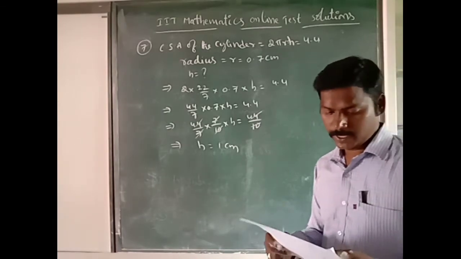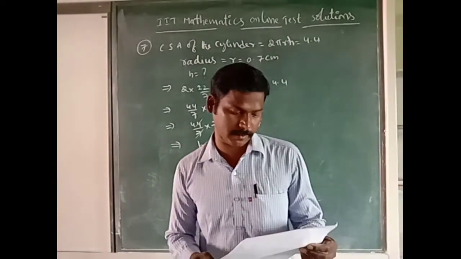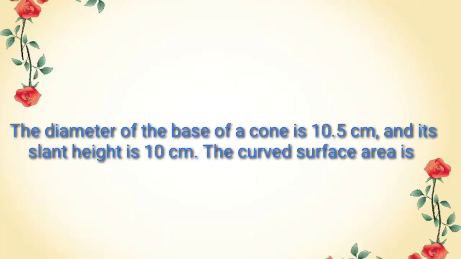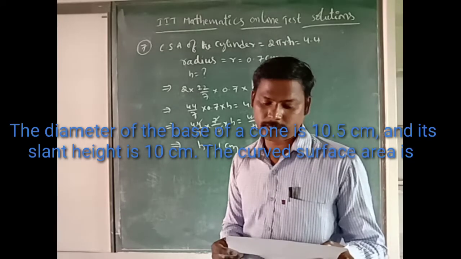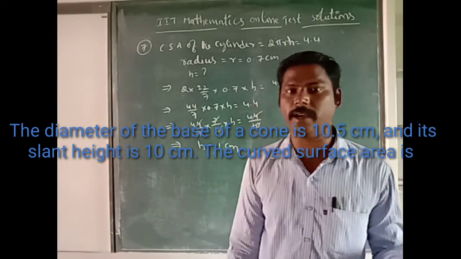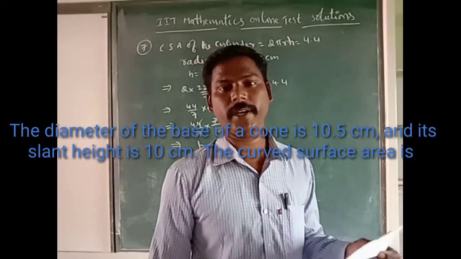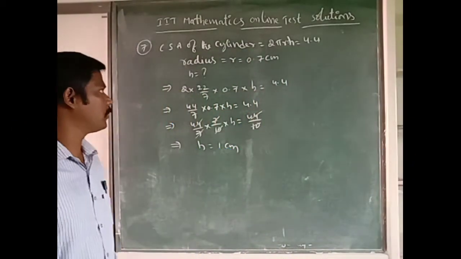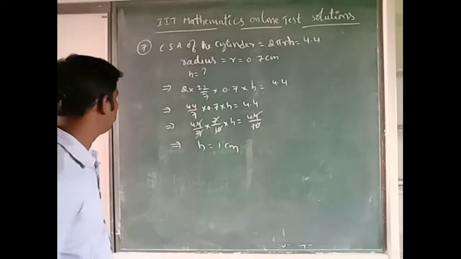So next, what is the eighth question, children? The diameter of the base of a cone is 10.5 centimeters and the slant edge is 10 centimeters. Find the curved surface area. So look at the board, children. Eighth one.